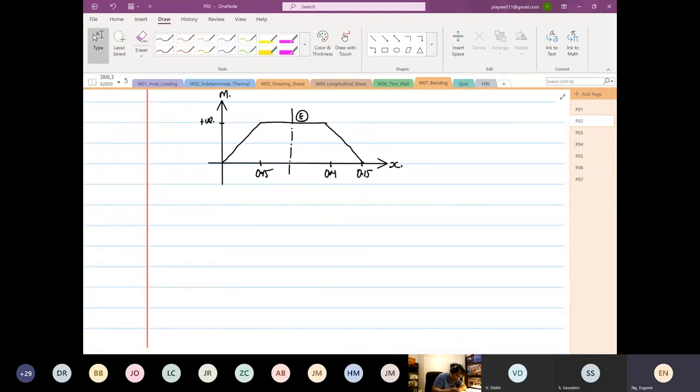We're going to draw the diagram from point A up to point E. We know this magnitude is 10 times 10 to the power 3 Newton. And then we have another load coming down.